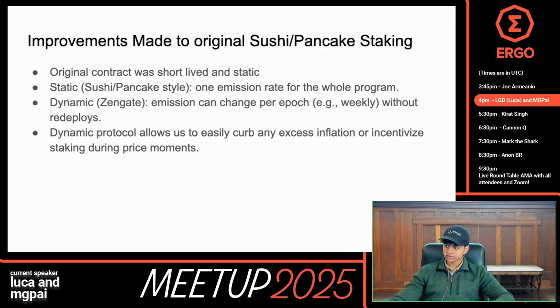And this is really cool because a dynamic protocol allows us to easily curb any excess inflation, or it incentivizes staking during steep price movements. So it allows for more fine-grained control, so we actually react to how the economy is doing. You saw yesterday that things went crazy. So maybe during a time like that, you want to incentivize people to hold. Maybe we'll increase inflation so that people hold on to their Palm instead of selling it on the market for no reason when everything's going crazy.